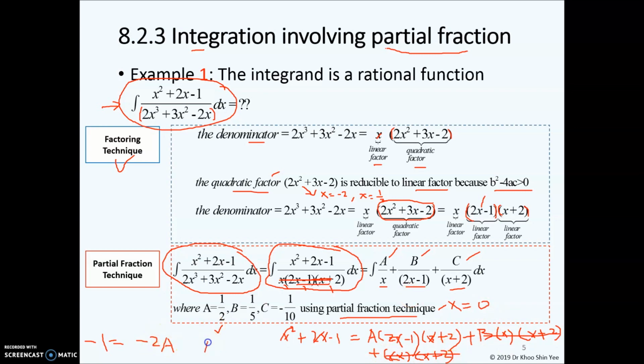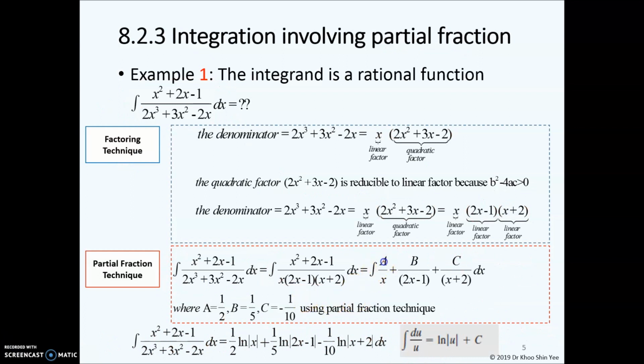So easily you can find your a equal to -1/2, which is this. Using the same approach, let x equal to, for this case, 1/2, then you can find the b. For this case, you choose x equal to -2, then you can find the c as well. So for b and c, go and practice, you should get this answer.